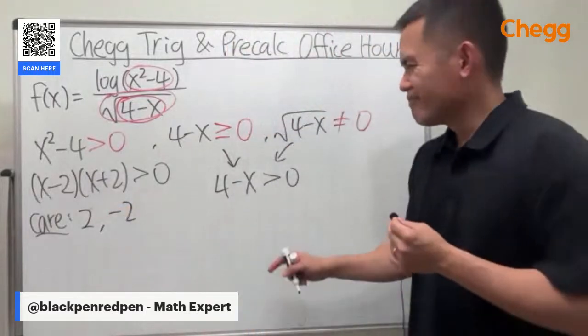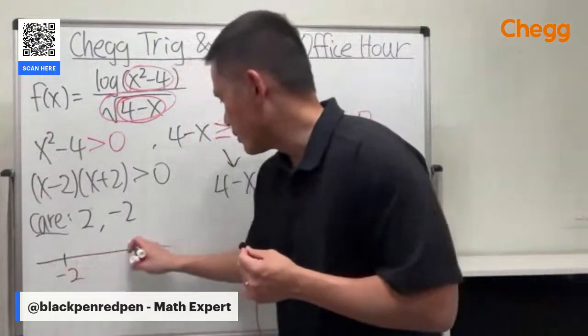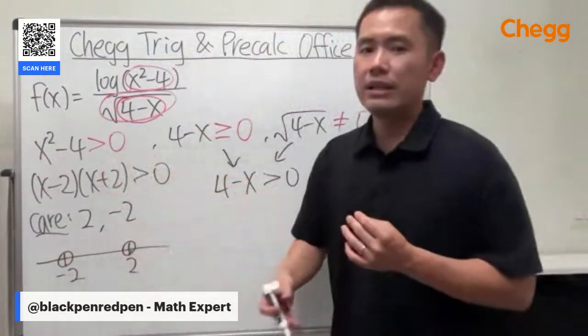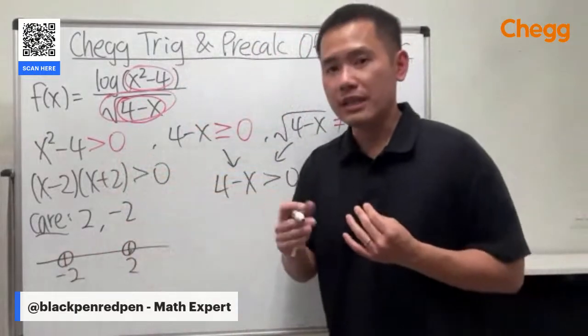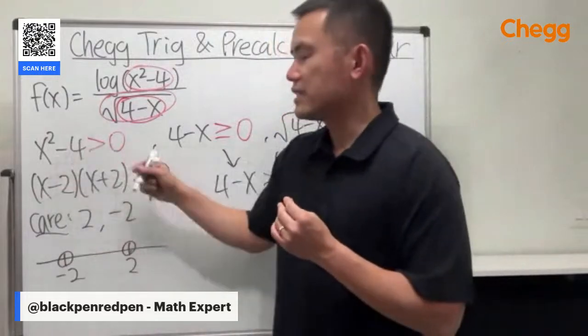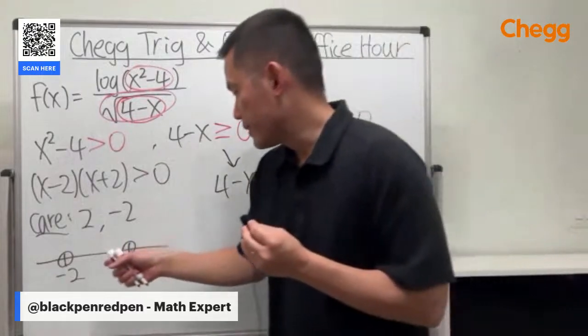And then let's find a number line right here. Negative 2 and 2. Open circle, plug in, and then do the test value. This is just like the standard way, the safe way to do it. Or you could also put this to the other side and then take the square root, but make sure you use the absolute value.